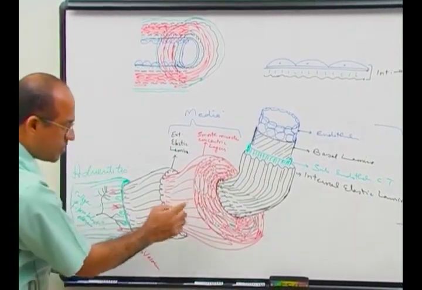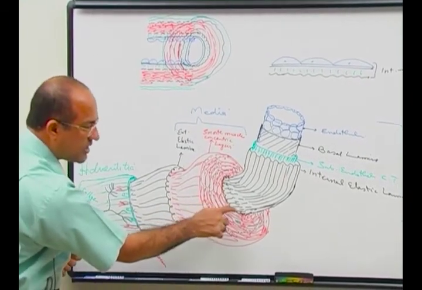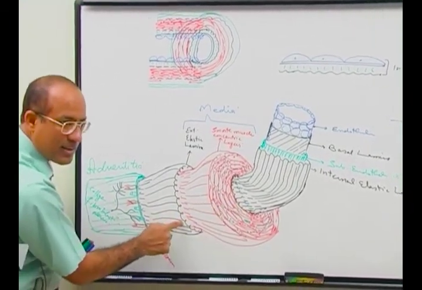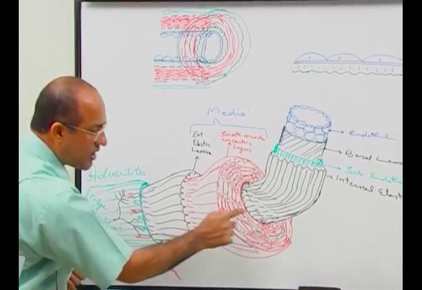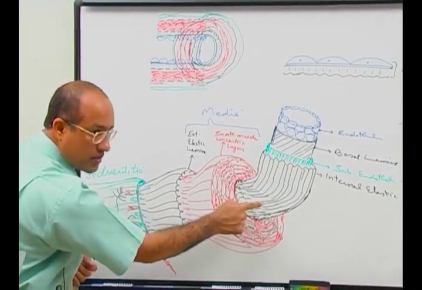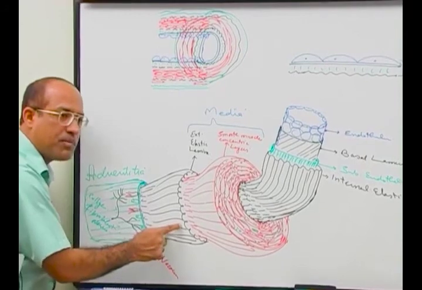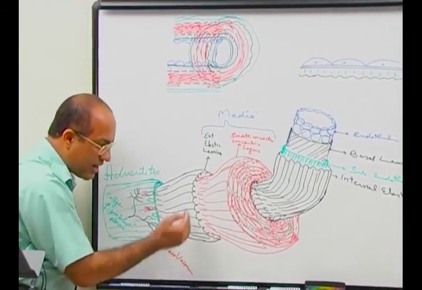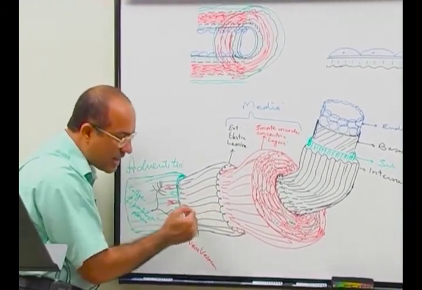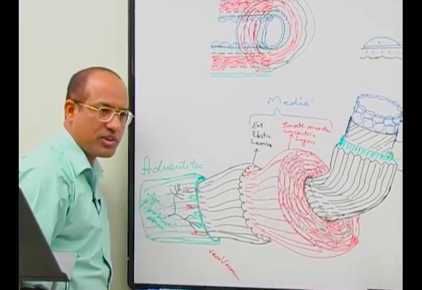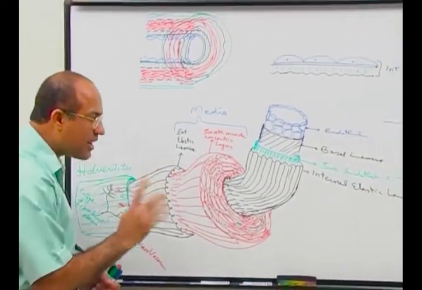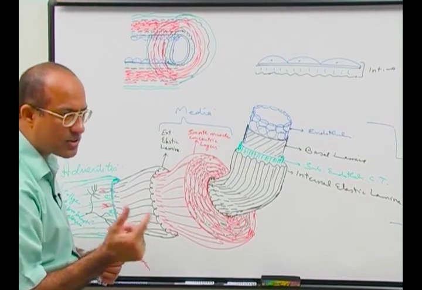And media is present between internal elastic lamina and external elastic lamina. Internal elastic lamina belongs to intima. External elastic lamina belongs to media, and outside the external elastic lamina there is adventitia. So the real boundaries, especially in a medium sized artery, are very clear.